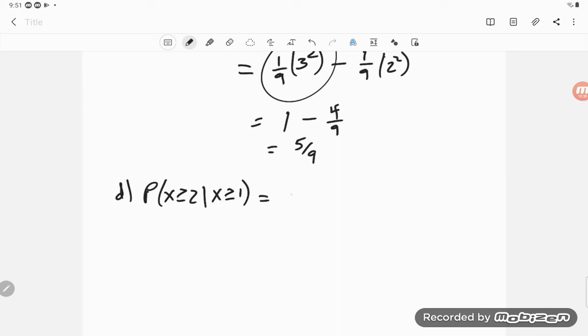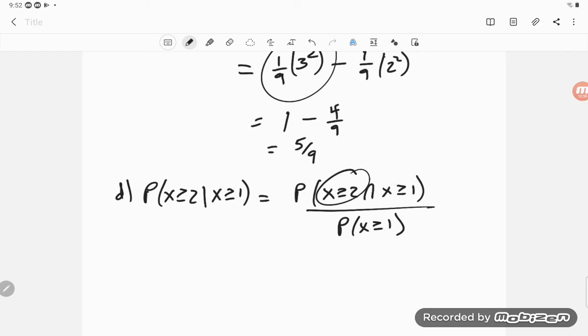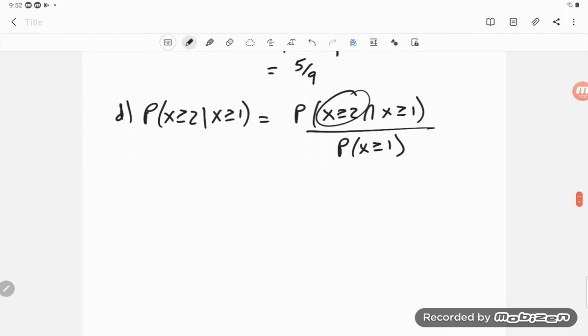Well, by definition, that is the probability that x is greater than or equal to 2 intersected with x greater than or equal to 1, divided by the probability that x is greater than or equal to 1. But notice this intersection, that's just x greater than or equal to 2. And so this becomes the probability that x is greater than or equal to 2 divided by the probability that x is greater than or equal to 1.